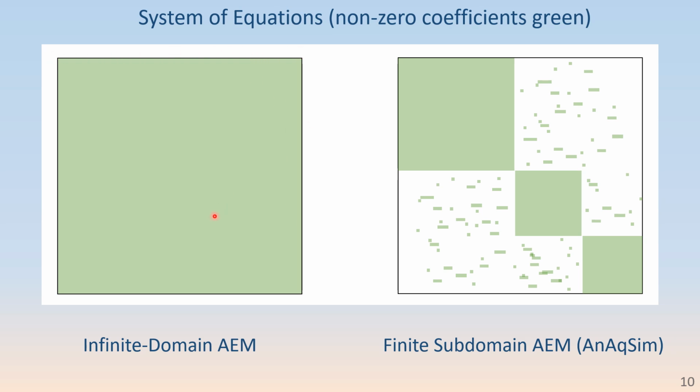On the left, the infinite domain AEM, every coefficient in the matrix is non-zero, and thus the non-zero ones are shown green, and that is because every element impacts every other element. So there's connection between every boundary condition and every element in the traditional infinite domain, single domain AEM.